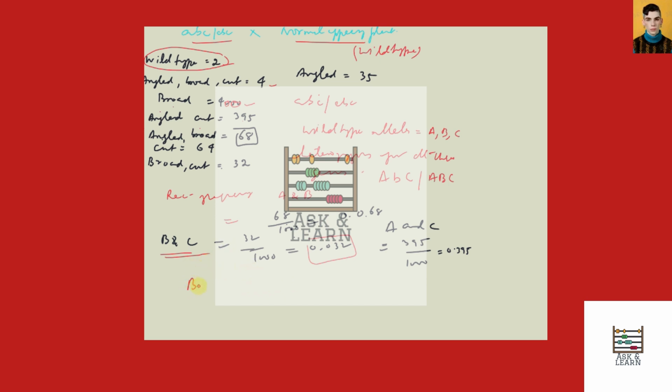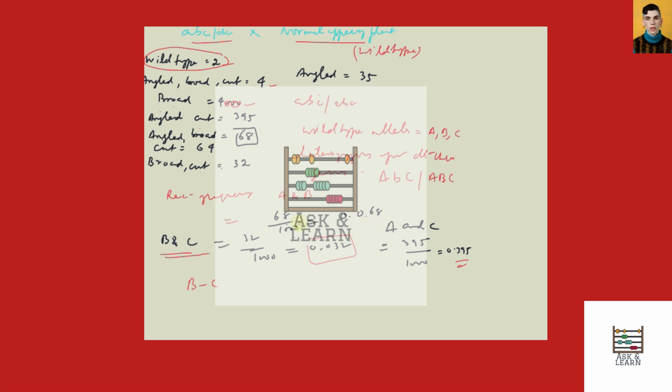So B and C will stay together, then there will be A. Here B and C are close together. Now we have to decide the position of A. We can see that the A and C recombination frequency is 0.395, which is more than A and B, which is 0.068.